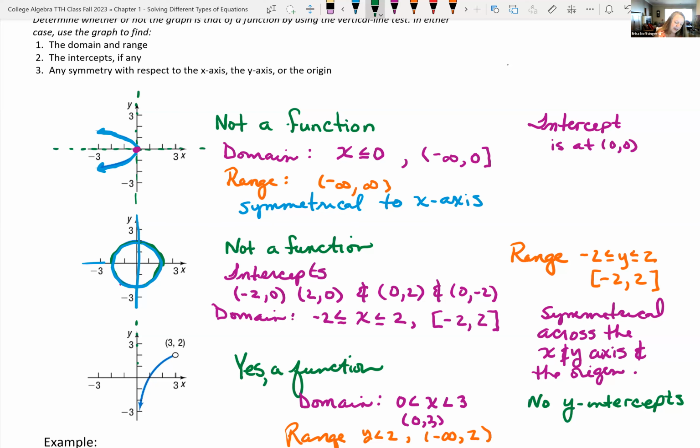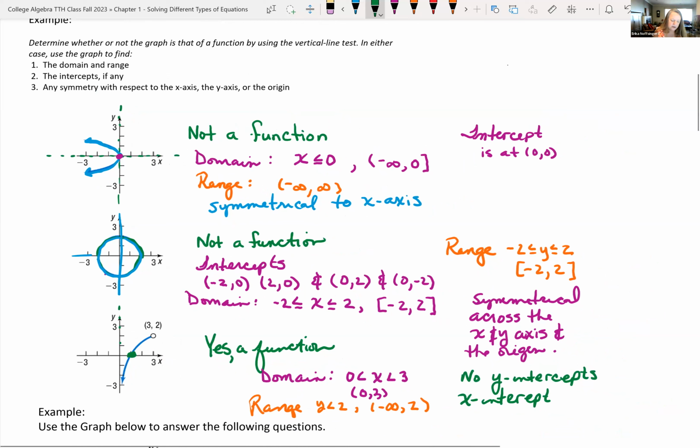But our x-intercept, it's crossing at this point here, when x is 1, y is 0. So (1, 0). And this one is not symmetrical with the x-axis, the y-axis, or the origin.